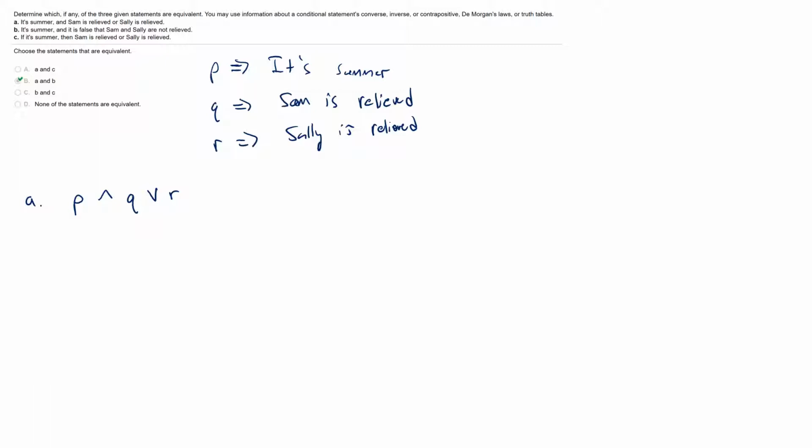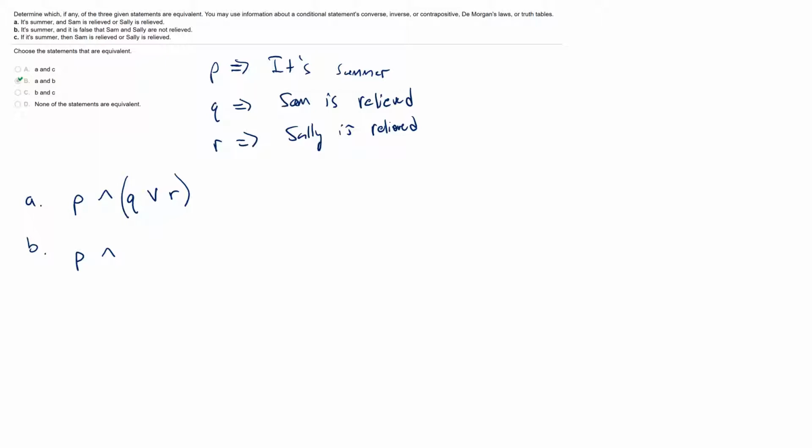Based on the position of the comma in the compound statement, I can insert parentheses before the Q and after the R. And then moving on to statement B, we see it's summer, so once again we have P, and now we have it is false that Sam and Sally are not relieved.